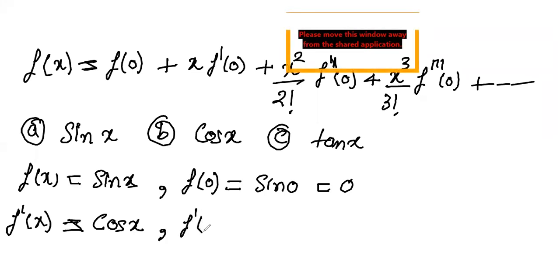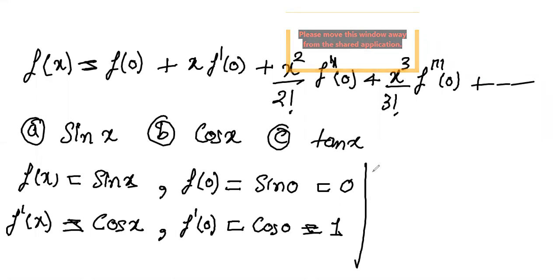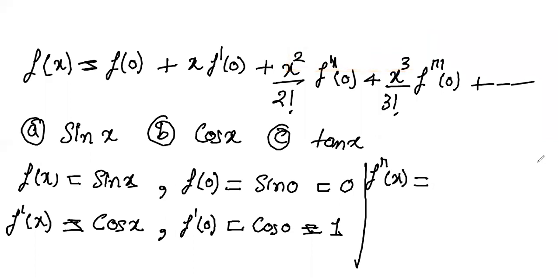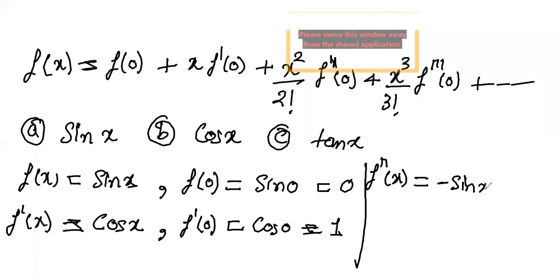So f dash 0 means dy by dx at x equal to 0, so cos 0 is 1. Here I can write f double dash x, that is the differentiation of cos x, that is minus sin x. So f double dash 0, I can write sin 0, means 0.